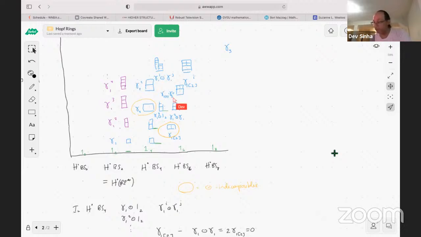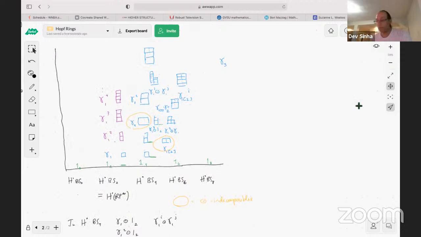Sorry about that. Okay, and so you can keep on going there. This is sort of where the freeness comes in. Any number of these gamma 2 blocks, which is a 3 block, and gamma 1 divided power 2, a decorated two-dimensional block that is also width 2, can be combined, so this would be gamma 2 to the i, gamma 1 divided power 2 to the j. You have all of those.